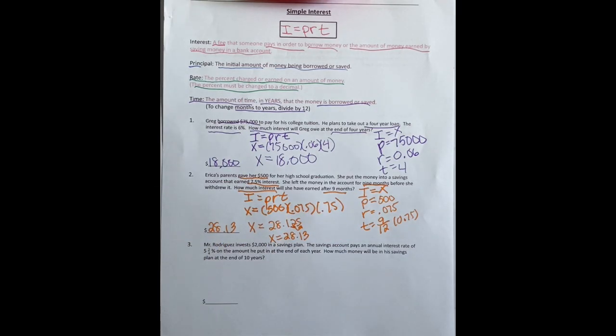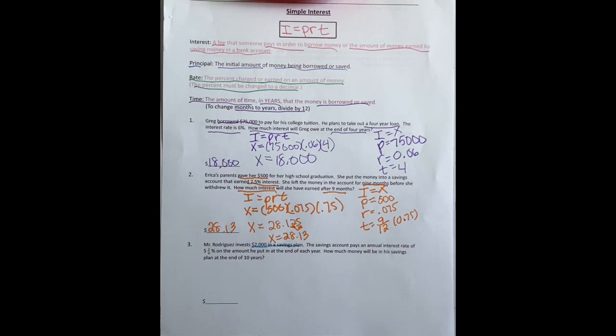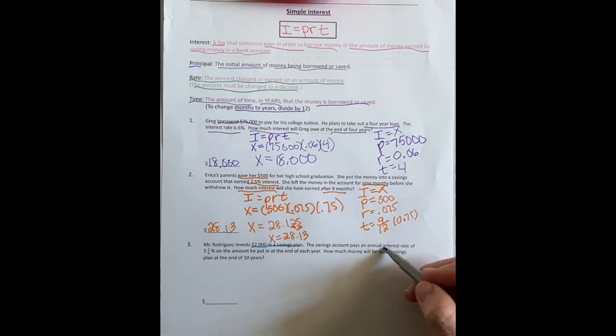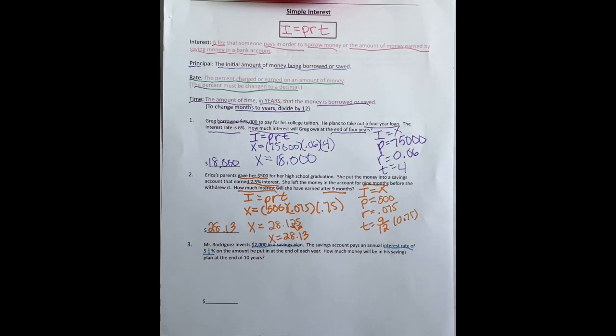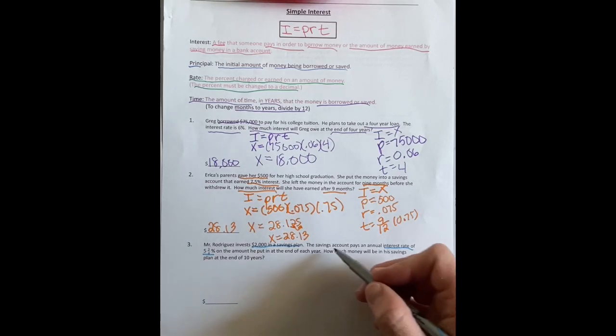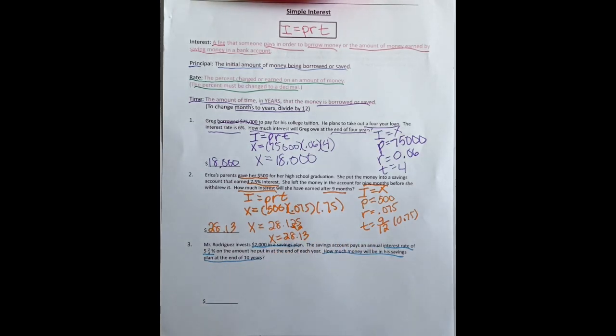All right, and moving along to question number 3. Mr. Rodriguez invests $2,000 in a savings plan. The savings account pays an annual interest rate of 5 3/4% on the amount he put at the end of each year. How much money will be in his savings plan at the end of 10 years?